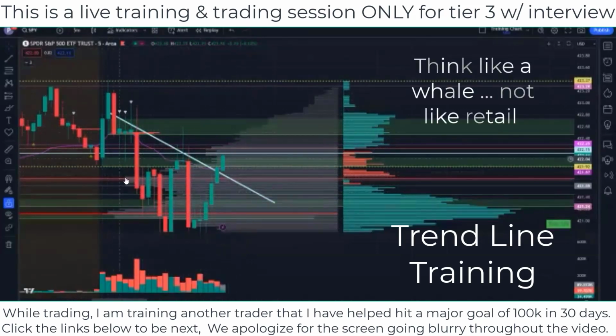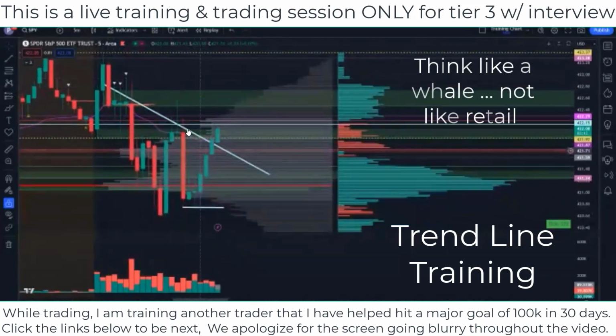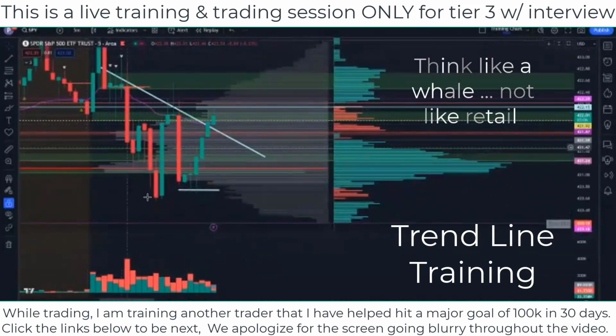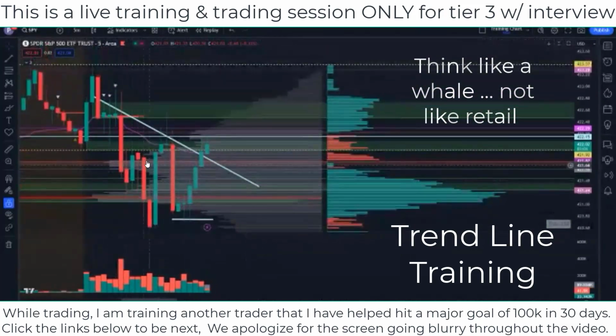When you're trying to ascertain a trend, you don't need a trend line to see we're rejecting. Any new trader will say, well, there's lower lows. That's not really what a trend line is for. A trend line is used to identify a break point.